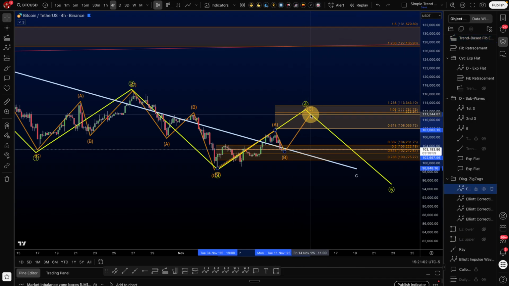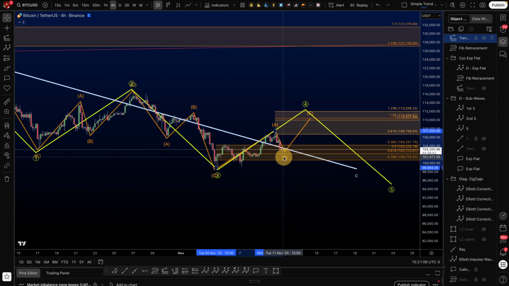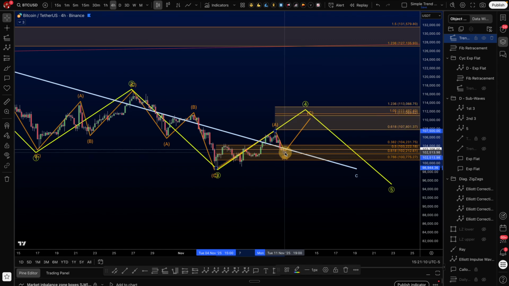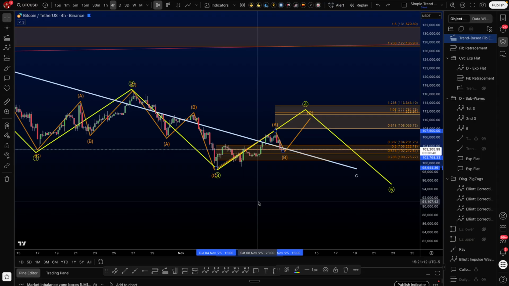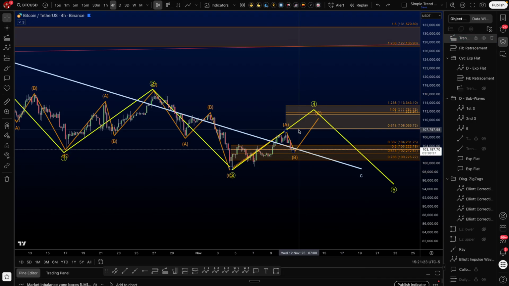So that's why I've got my C and 4 right there as a possibility. Now that'll change if B traces lower. So based on the fact that the first 3 waves have already been zigzags, I think it's a pretty good chance that wave 4 and wave 5 are also going to be zigzags.